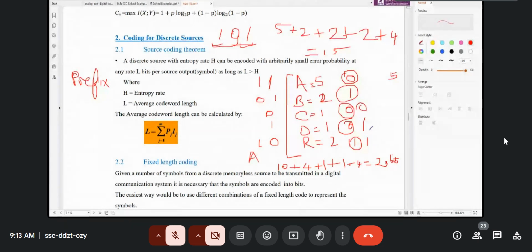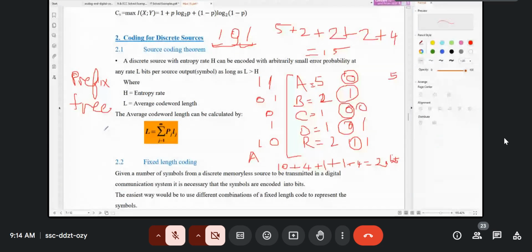Now, why I was mentioning this prefix is because I want to use the word prefix free to mean a code whereby none of the symbols is a prefix of the other one. I say that because some textbooks use the word prefix to mean prefix free, so they'll say this is a prefix code, meaning a prefix free code.